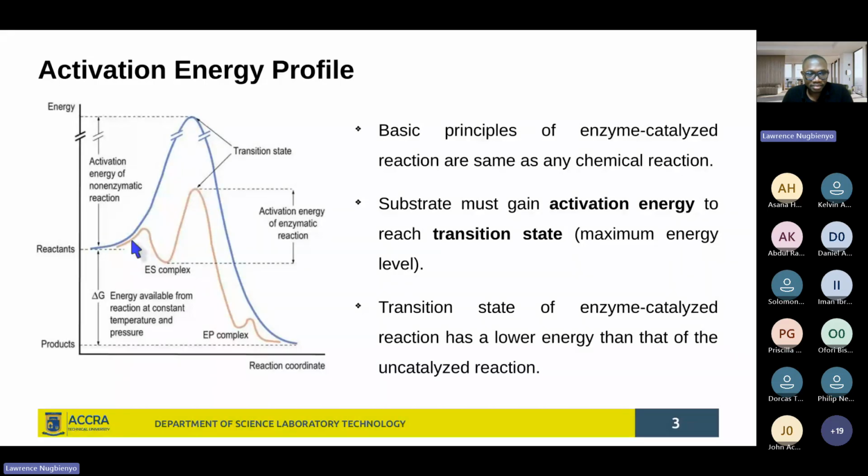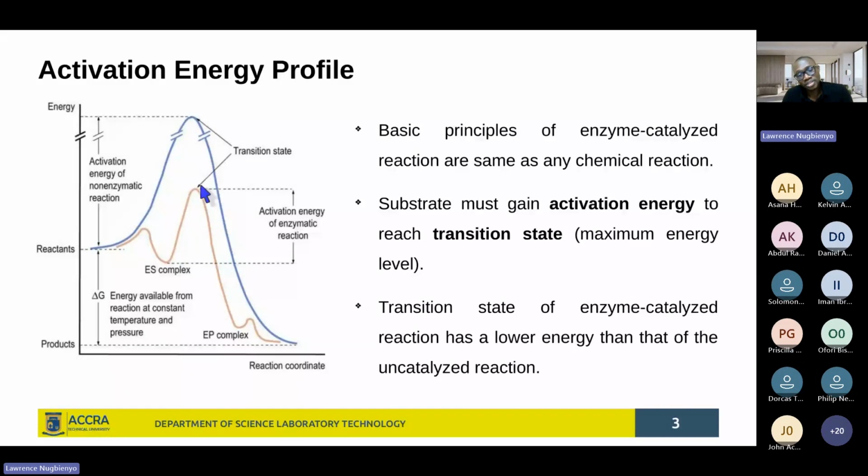And you quickly see that from the energy level of reactants to the energy level of the transition state for that enzymatic reaction, which is the activation energy of that enzymatic reaction, that activation energy is lower than that of the non-enzymatic reaction. So that is basically how enzymes are able to speed up chemical reactions.